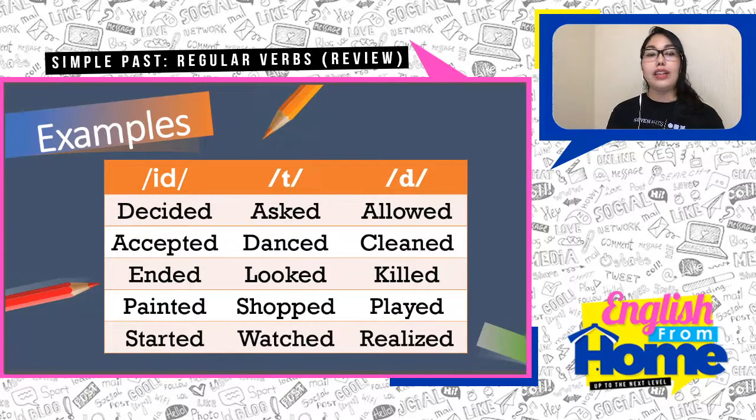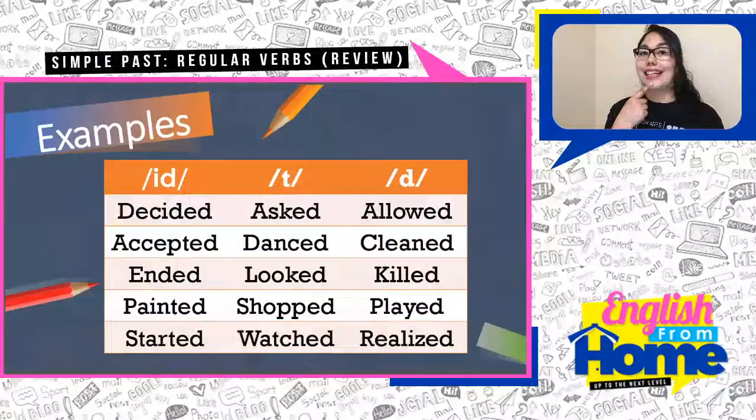And then we have the ones in which we are going to use the t sound in the past. This one we're going to use when the final sound is k, s, p, ch. Remember that we have more, but in this case, I'm using just these as an example, okay? So we have ask, in the past tense is going to be asked, okay?